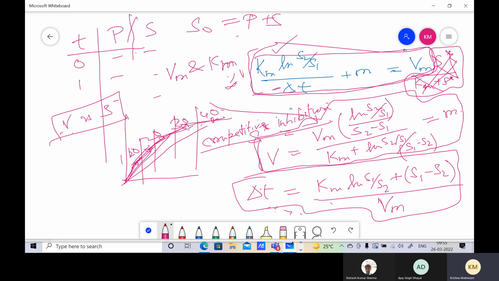We don't have time. Think about this question. Then you can solve for competitive inhibition at different concentrations of P, if P is a competitive inhibitor. That's a more complex problem, and I'm not going to get into it. I'm just mentioning that it is also solvable for competitive inhibition with a little bit more algebra.